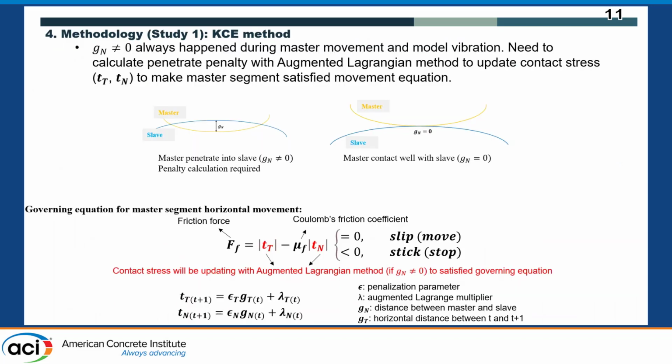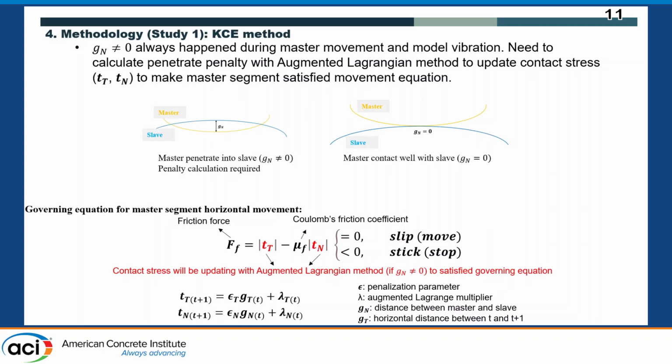How can KCE solve this problem? KCE will automatically calculate and update the contact stress in the normal direction and tangent direction to satisfy this friction force equal to 0. Equal to 0 means the element can keep moving to the end as we want.